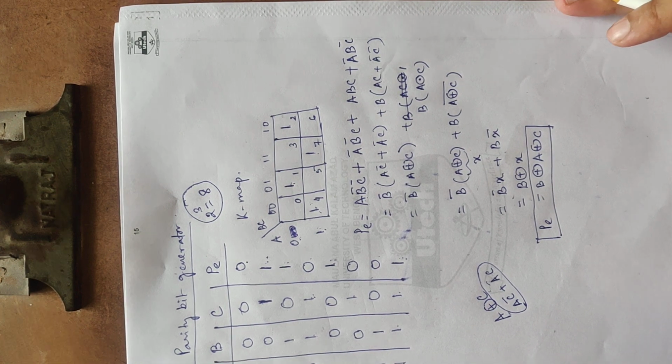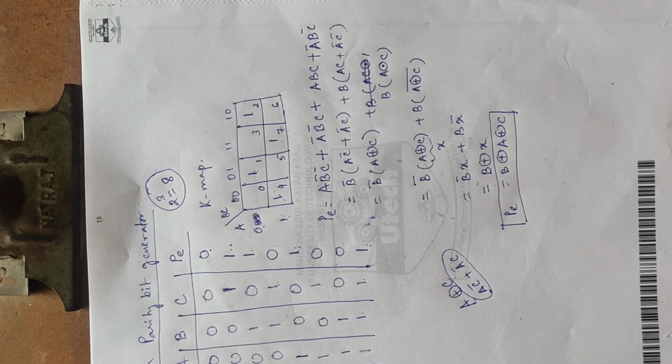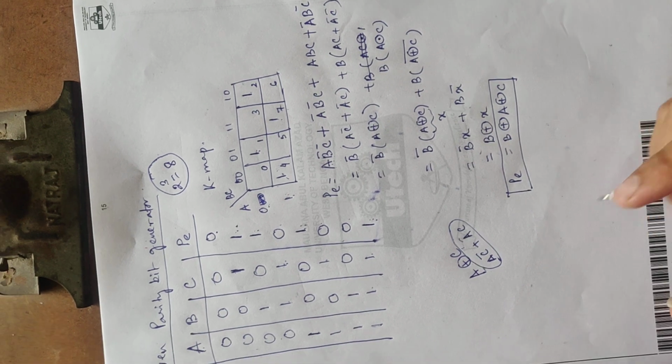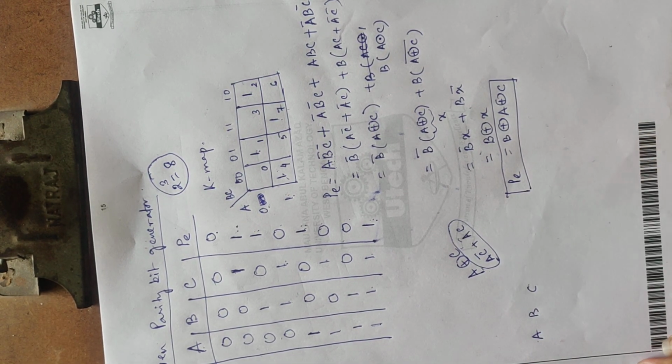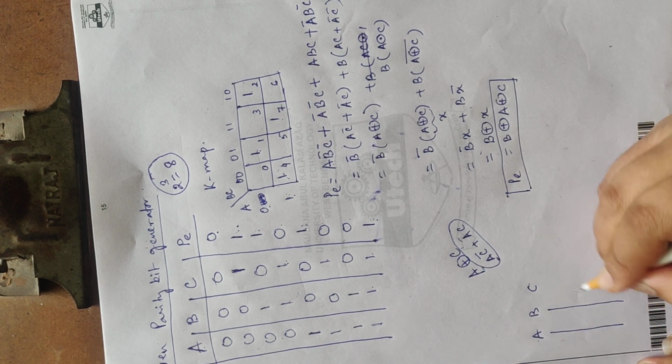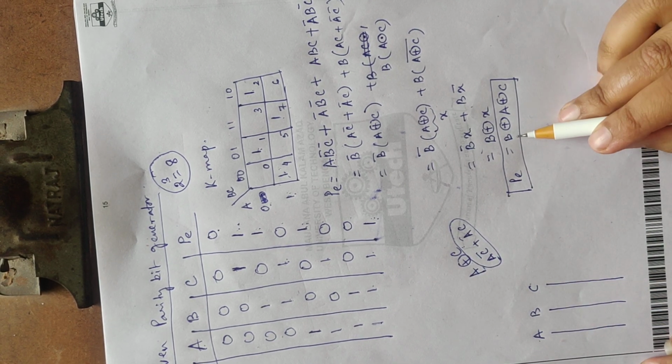And the same thing, if you want to represent in the form of a logic diagram, how will you represent that? If you have A, B, C, so you have lines here. First thing will be what?